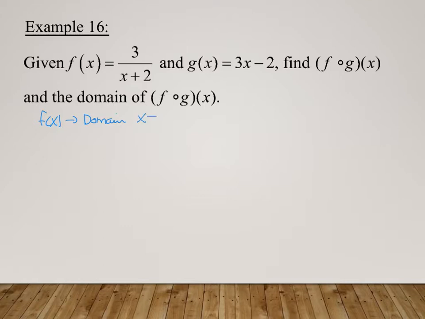So x cannot be -2. Well, that's not good enough, of course, because now we have to incorporate the composite. We know that x can't be -2 when we apply the function, and that makes sense. But now, when we do the composite, we get the following.